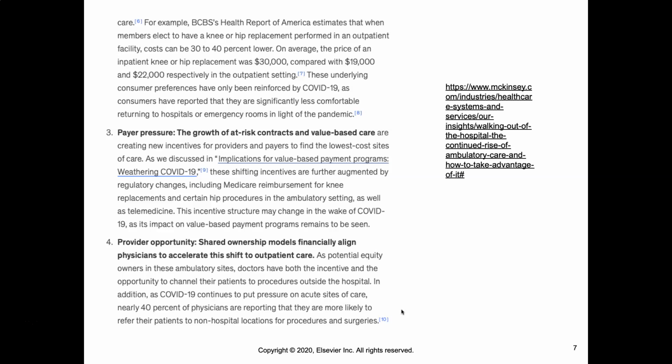Now, granted, they have to disclose the fact when they're referring patients to an ASC that they have a financial stake in, they have to disclose that. But that's where they like to practice, and there are so many benefits to the patients that, as long as the patients are informed, a lot of times they're very comfortable with that.